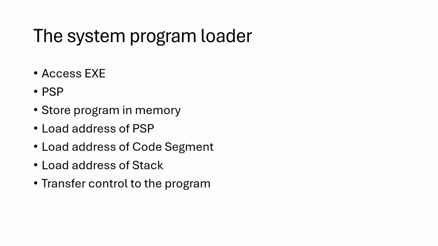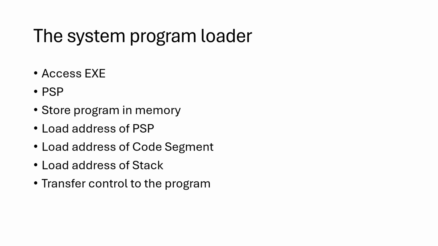Both are executable programs, and a COM program consists of one segment that contains code, data, and stack. A COM program will contain all of these in a single segment. In real mode, an EXE program consists of separate code, data, and stack segments.